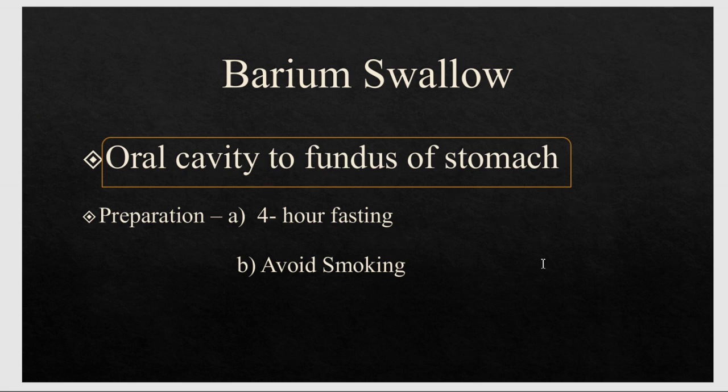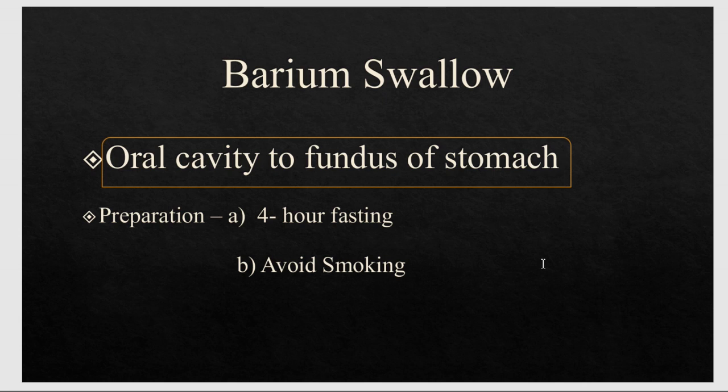If any patient is presenting with any disease process or lesion involving any site starting from the oral cavity up to the fundus of the stomach, for documentation as well as an aid to the diagnostic process, if this facility is available and if there is a clear-cut indication of going with this investigation, we must order for barium swallow.